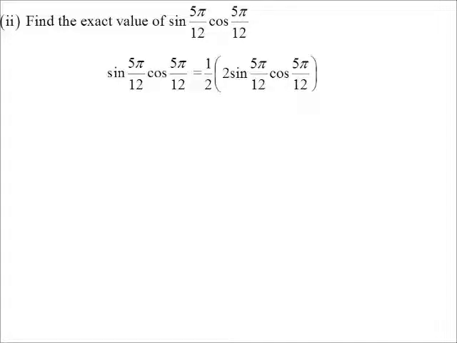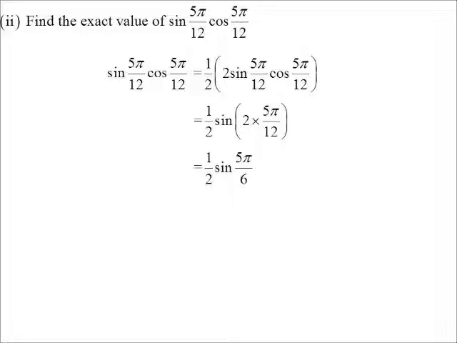So we've got sine 5 pi on 12 cos 5 pi on 12. Well, that's going to be a half of 2 sine 5 pi on 12 cos 5 pi on 12. Well, 2 sine cos, that's the double angle result. So double 5 pi on 12 is 10 pi on 12.